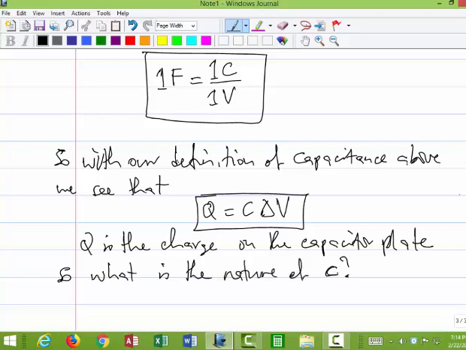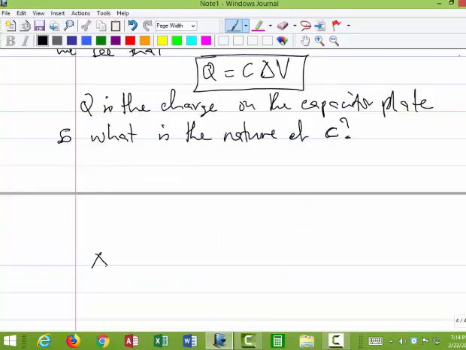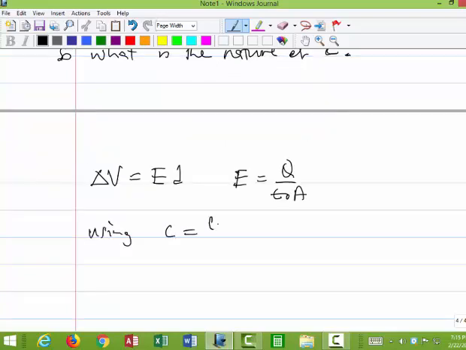We know that delta V is equal to E times D, and we also said the electric field E is equal to Q over epsilon naught A. Using C equals Q over delta V across the capacitor, we have Q over delta V, which is equal to Q over E times D.